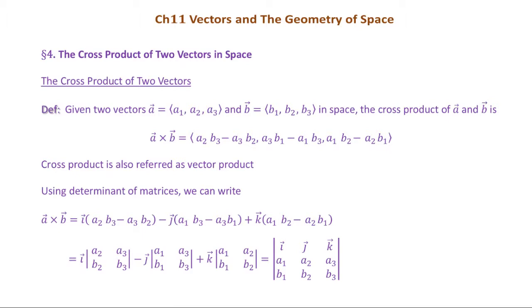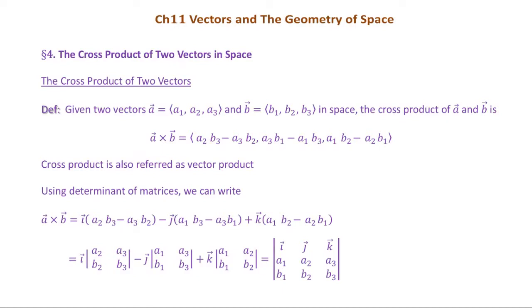Well, if you remember the definition of the determinant of a 3 by 3 matrix, it turns out that you can rewrite the whole thing as the determinant of the matrix with 3 rows. The first row will be I, J, and K. The second row will be A1, A2, A3. The third row will be B1, B2, B3.